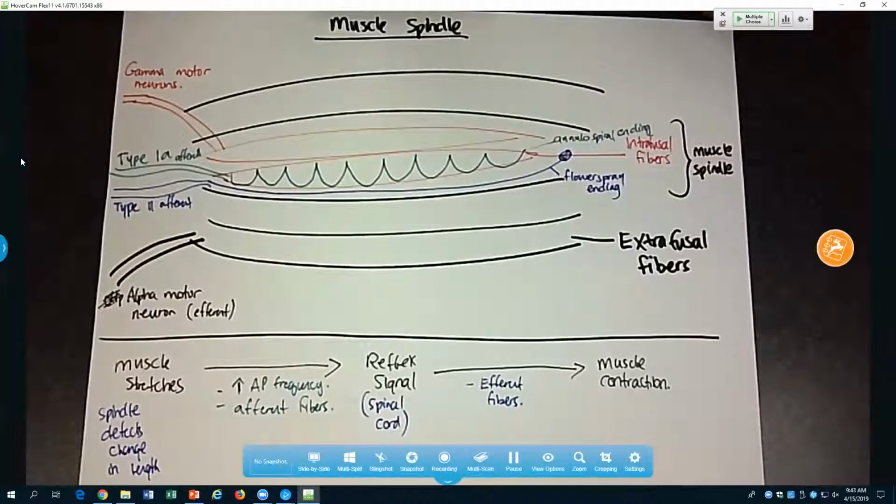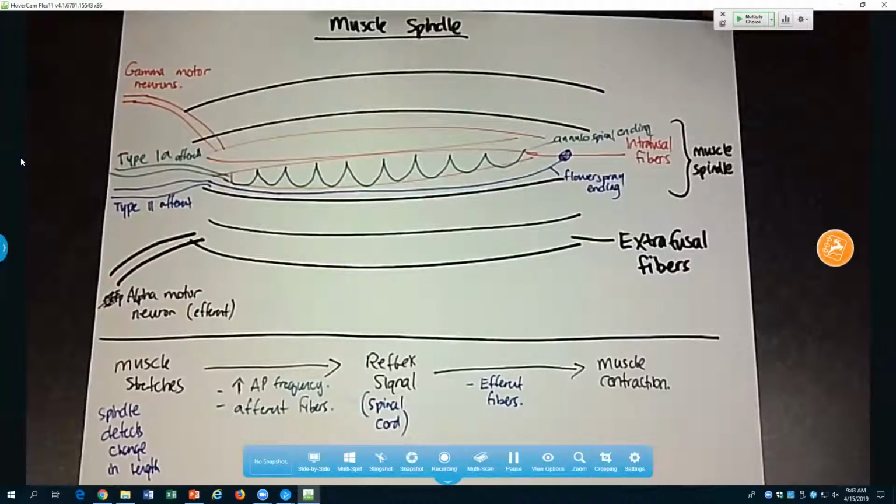Striking your tendon with the reflex hammer is going to bring about a dent in the tendon, which is basically the stretching. So that's going to trigger this reflex. That initial dent caused by the hammer stretches that muscle, and the spindle, which is inside the muscle, picks up that change in length.